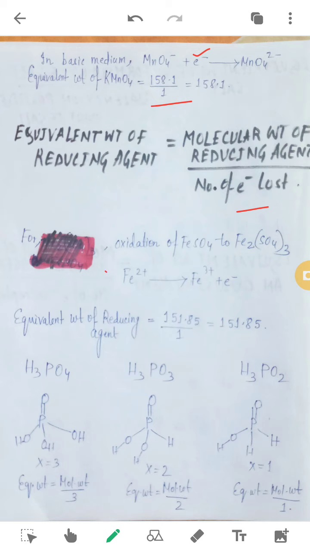Here is the reaction, FeSO4 converting to Fe2(SO4)3. Now, the equivalent weight of the reducing agent will be, as you can see, 1 electron has been lost, so divided by 1.